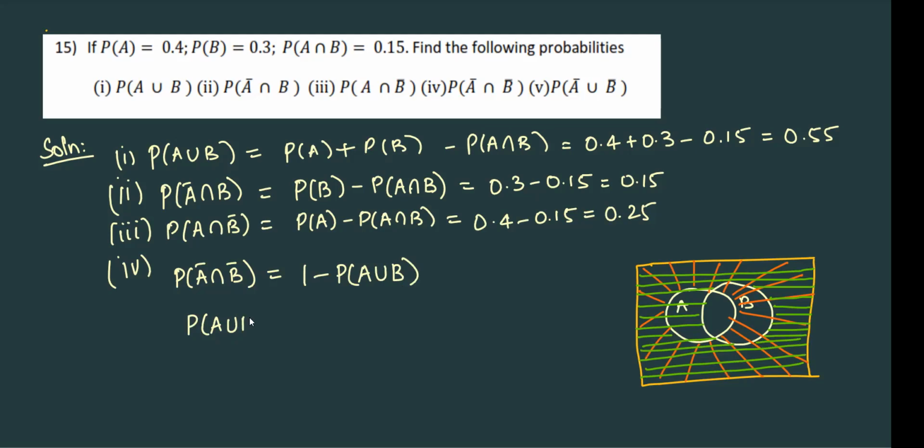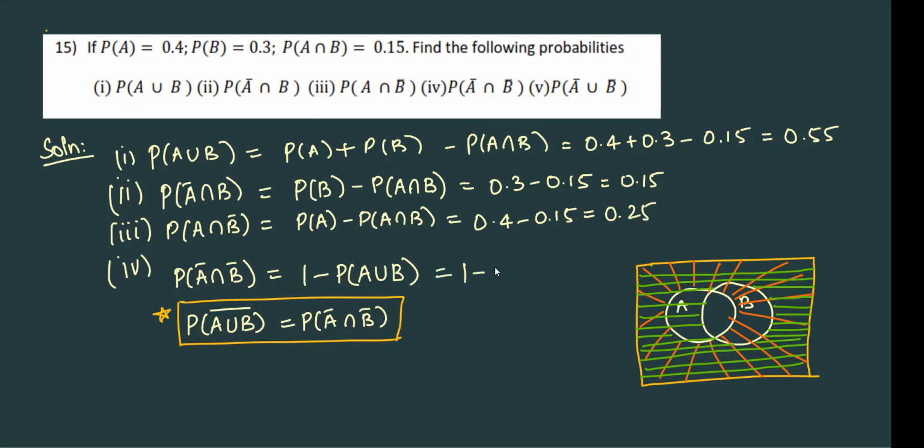A union B whole bar is P of A bar intersection P of B bar. The next one is the reverse. So this is a very important result. So this is 1 minus 0.55, which is 0.45.